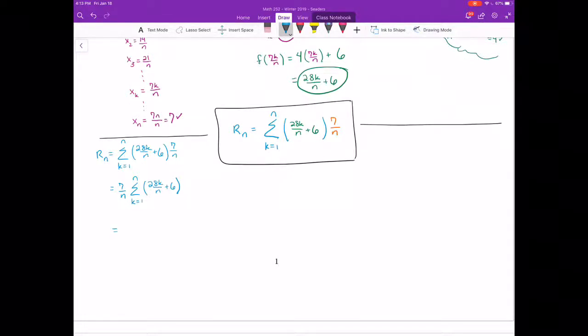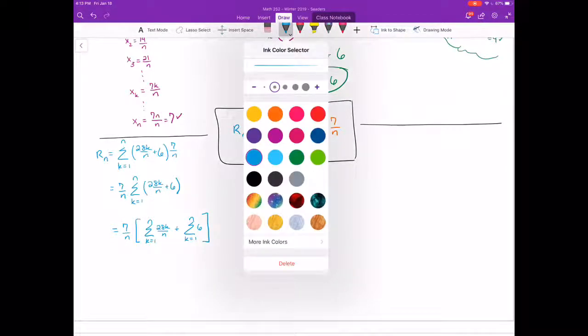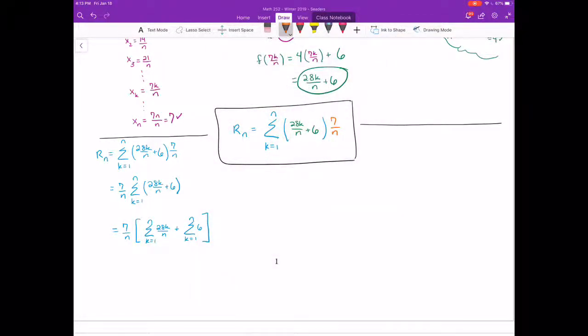The next thing I'm going to do is break this into two sums. So I can add up first the 28k over n, and then I can add up the 6's. Both of those I'll have in terms. And now a thing to remember is if I add up a constant, 6, n times, I'm going to get 6n.